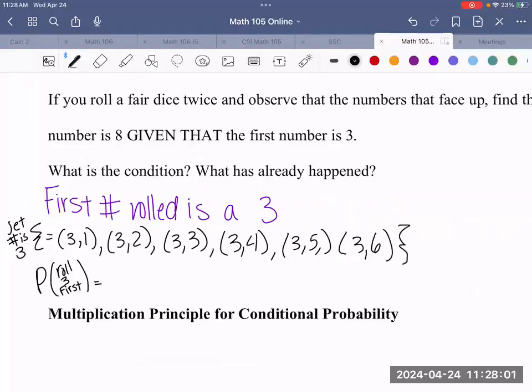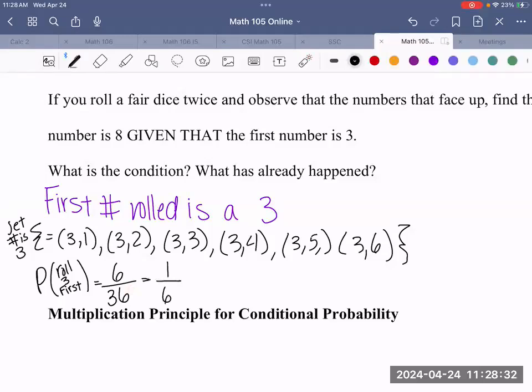Well, we have 6 ways to have a 3 first out of 36 possible ways. We don't care so much if it's distinguishable or indistinguishable, because we're looking at the sum, so we're just going to be using 36. So this is 1 out of 6.